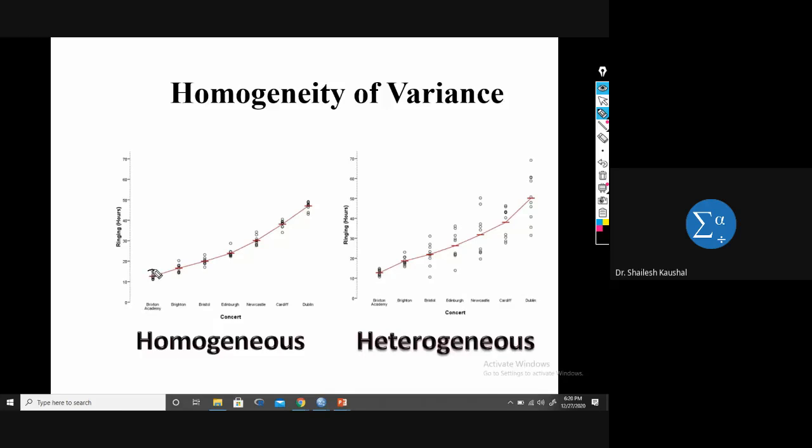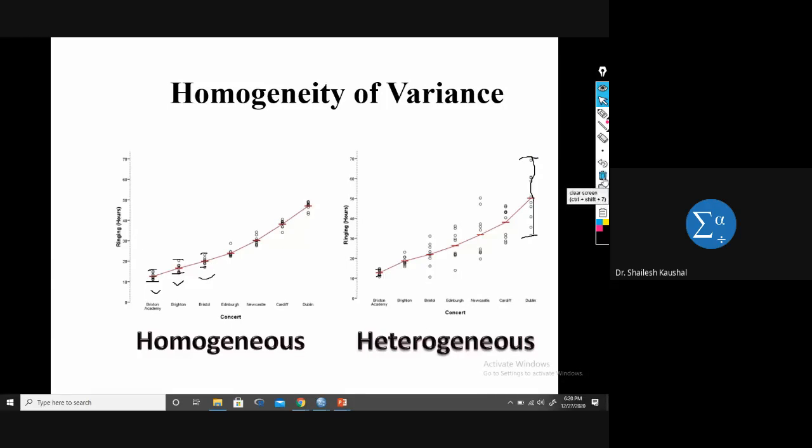We can see here this is the range, this is the range. Here the range is almost the same. But here you can see the range is high in comparison to this. So data is not normal.